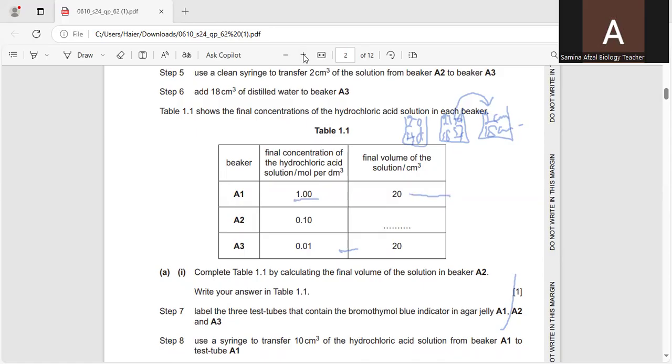In A2, the concentration is decreased, which is 0.10, and we have added 18 cubic centimeter of distilled water into it. So the final volume is 20. And then in A3, the same results are there. That is 0.01 and the volume is 20.